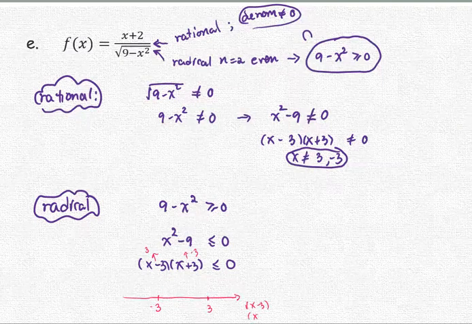So x minus 3 factor and x plus 3 factor, and then see what's going on. For the value that greater than 3, this is going to give us positive sign. And then less than 3, going to give negative sign for this factor. And for the x plus 3, any number that greater than negative 3 gonna give us positive sign for this factor, but negative for the number that less than negative 3.